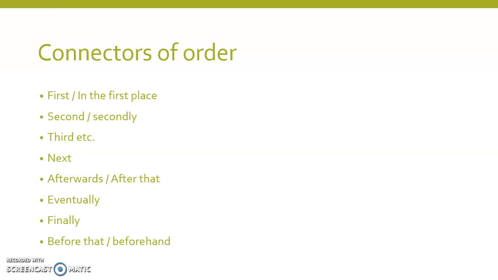You also can use next, el siguiente, afterwards, or after that, which means después de, eventually, de manera eventual, finally, finalmente, and before that or beforehand, which means antes de eso o antes de determinado aspecto. That is going to be the meaning for your connectors of order, that in your essay you are going to use a lot as well.